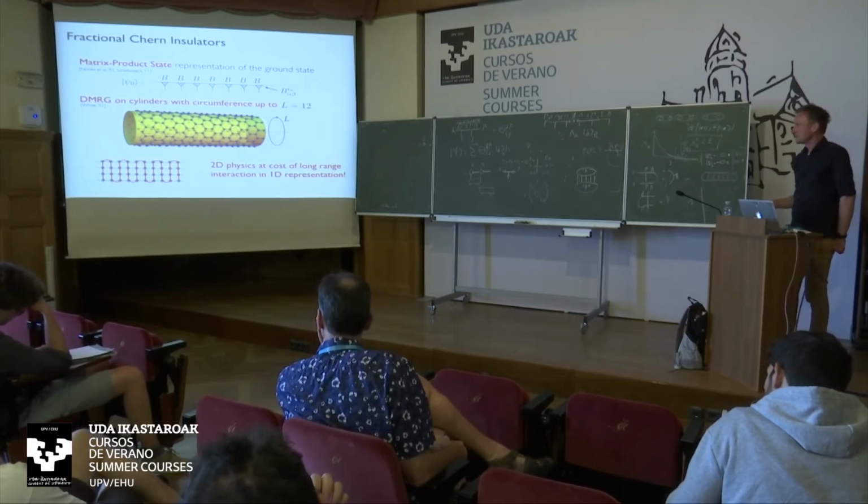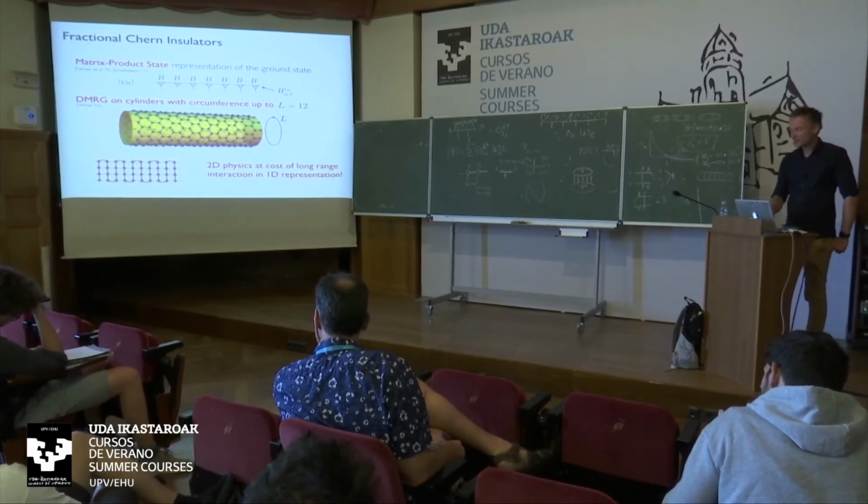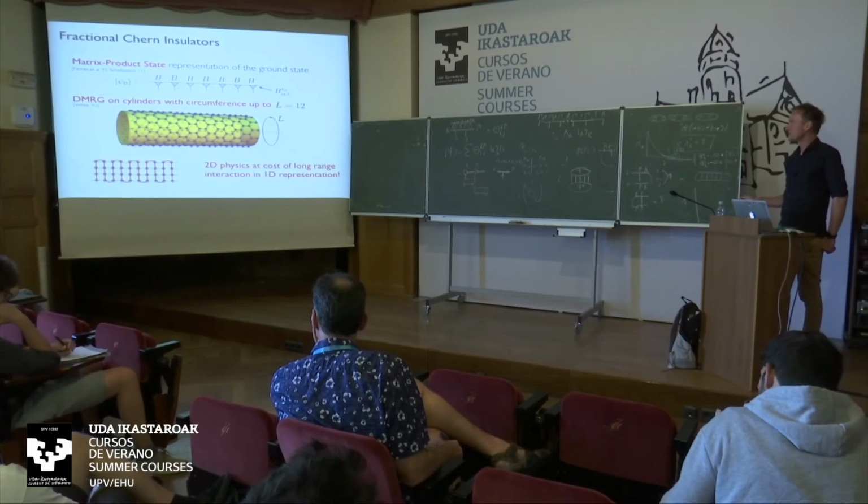But for interesting physical systems, like these fractional Chern insulators, we can go up to system sizes of 12 sites.